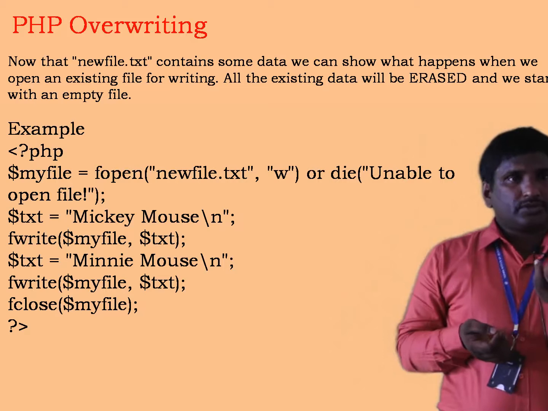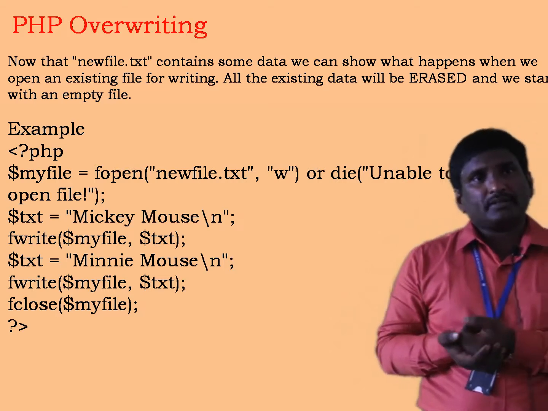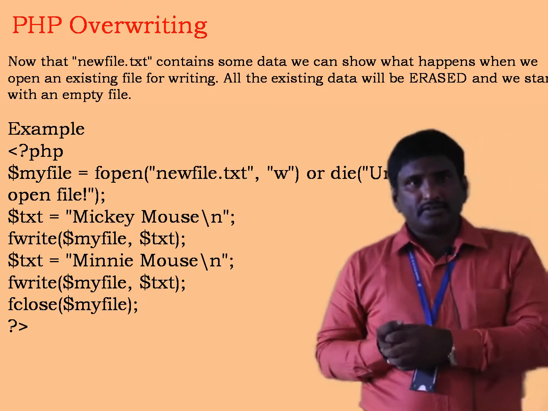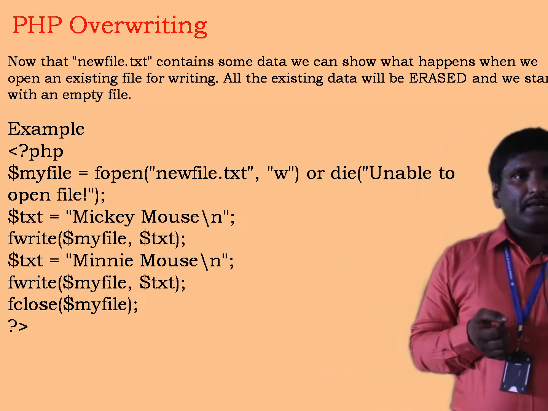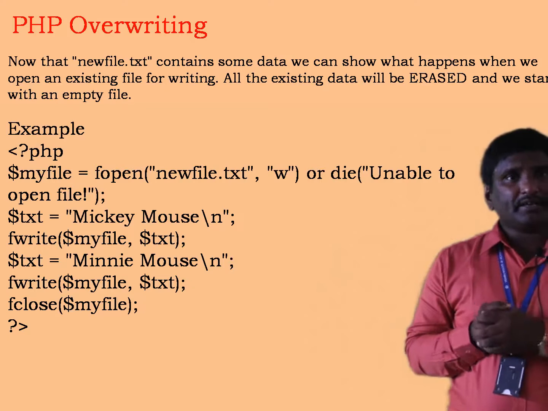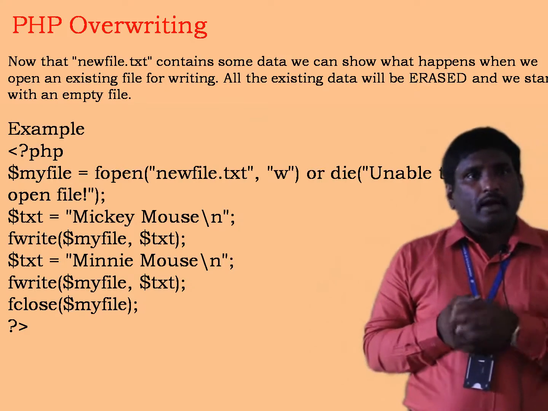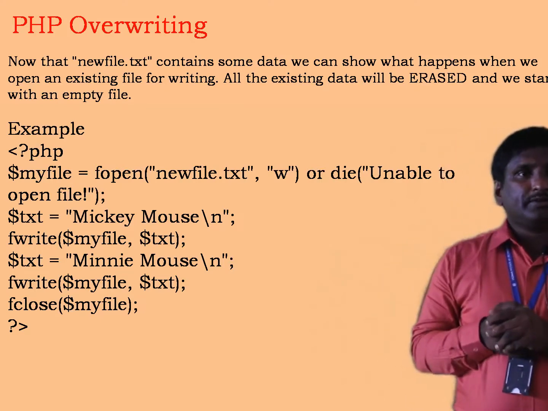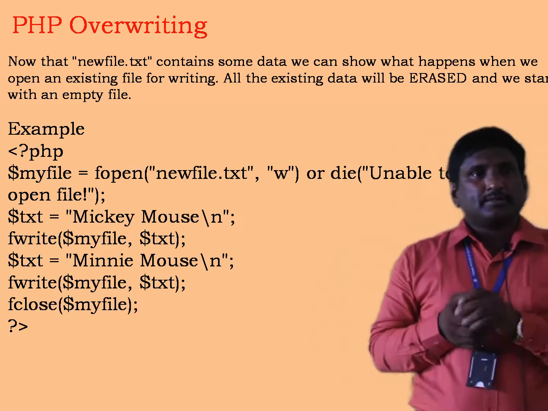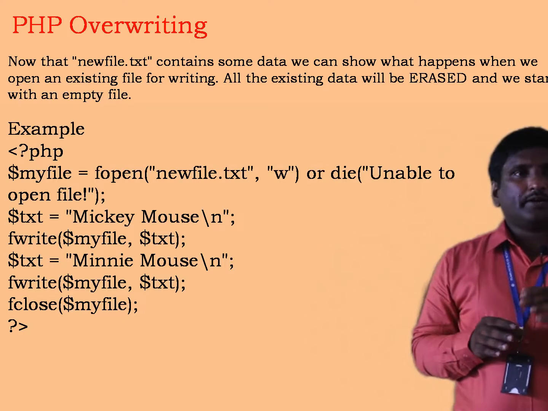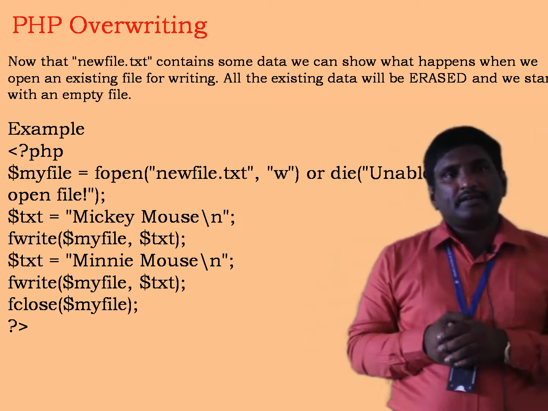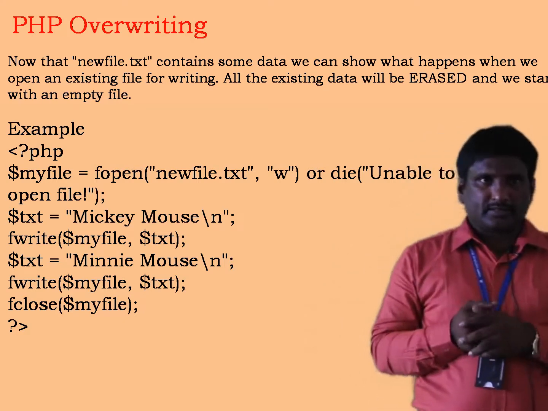If you open the file using fopen newfile.txt with mode W, the content will be erased, right? And if you fwrite Mickey Mouse and Minnie Mouse, correspondingly the content will be added to newfile.txt, right?